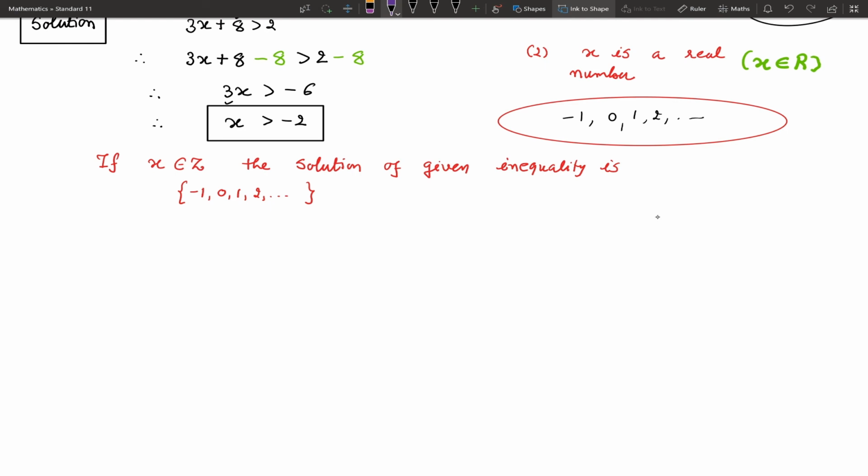Now in the case of x greater than minus 2, real number, the inequality is a strict inequality, so we have to omit minus 2, all real numbers which are greater than minus 2.